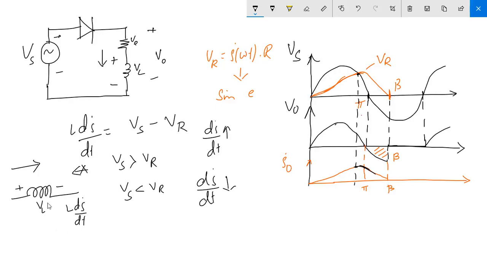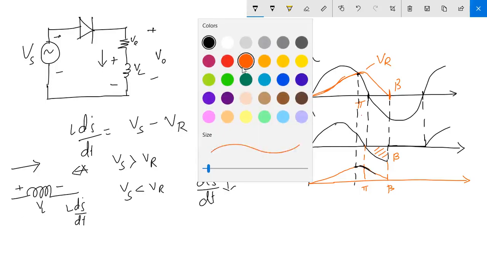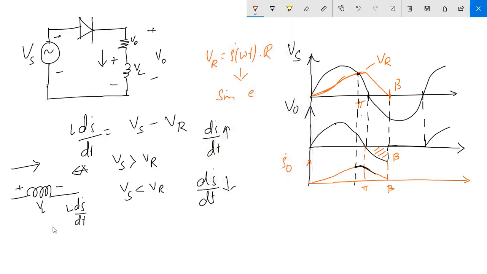Now once it has charged to the maximum capacity, it needs to get discharged. So how will it be discharged? The current will always be in this direction, because the inductor will never allow a change in the current path.